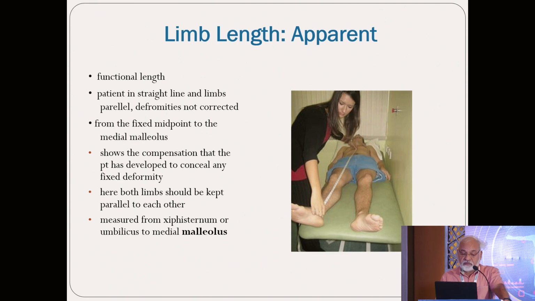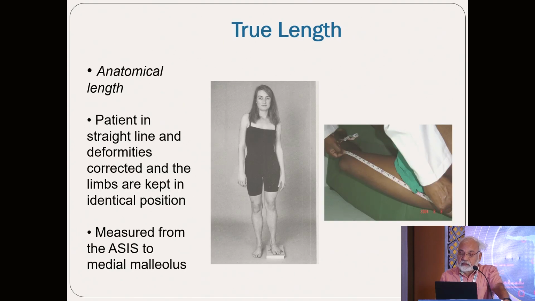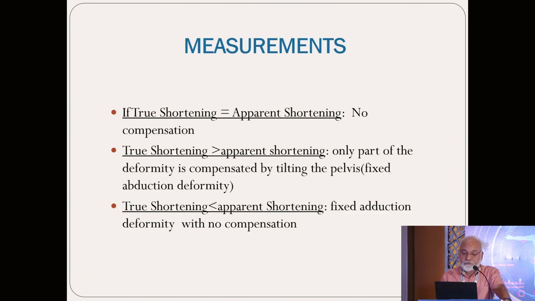Apparent is measured from a fixed part like the xiphisternum or umbilicus to the medial malleolus, and in apparent length you don't have to correct the deformities or square the pelvis. Whereas in true length, the anatomical length, you have to make the pelvis square, and whatever deformity is there on the affected side needs to be compensated on the healthier side to correct it, and then measure the limb length from the ASIS to the medial malleolus.